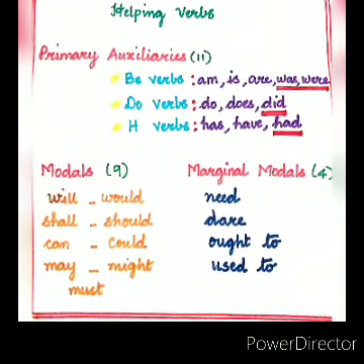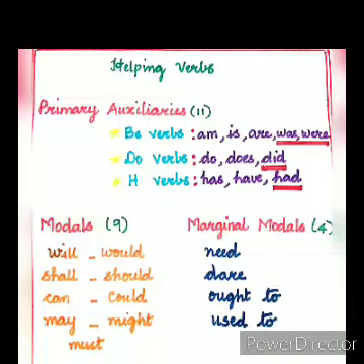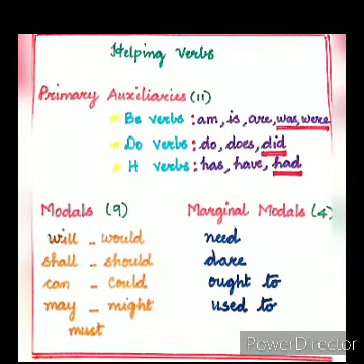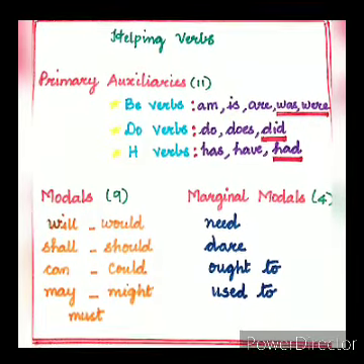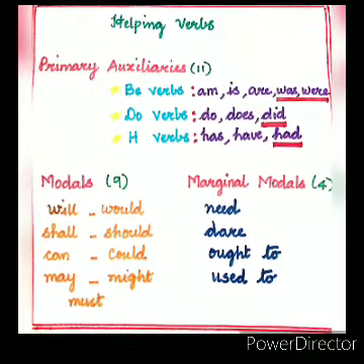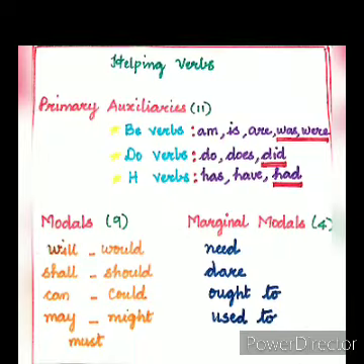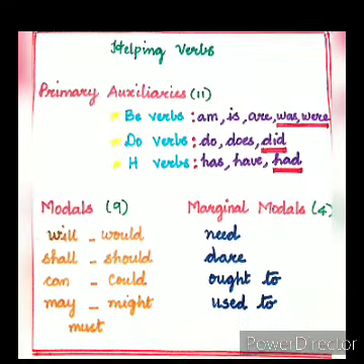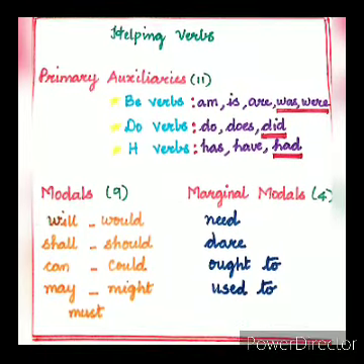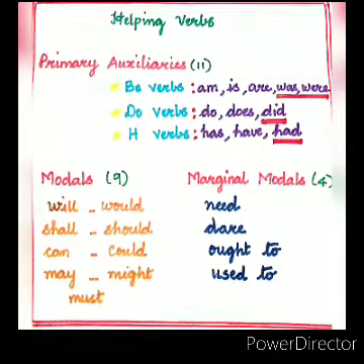Then we have the H verbs: has, have and had. Has and have are present tense and had is their past tense. Has is used for singular subject and have is used with plural subject. Had can be used with both.